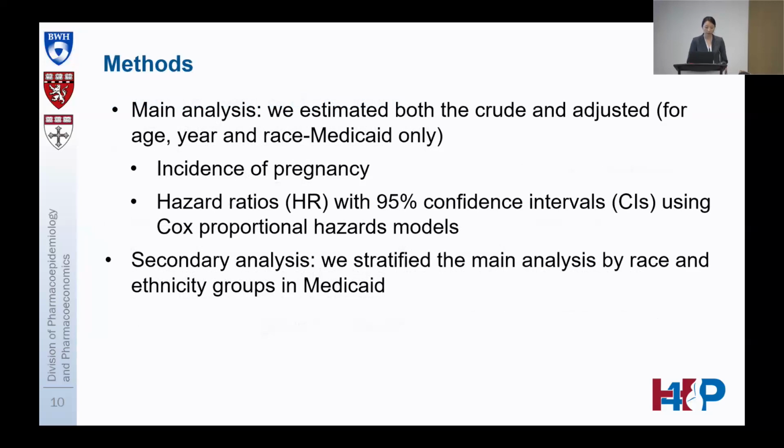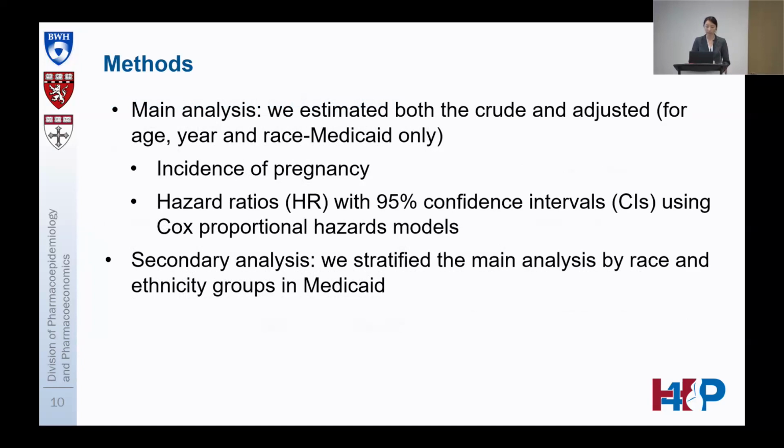For the main analysis, we estimated both the crude and the adjusted incidence of pregnancy in both groups. And then we further compared the pregnancy occurrence between the two groups and estimated hazard ratios using the Cox proportional hazards model. We also conducted a post hoc secondary analysis where we stratified the main analysis by race and ethnicity groups in Medicaid.